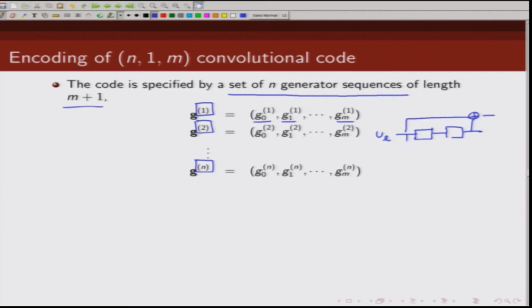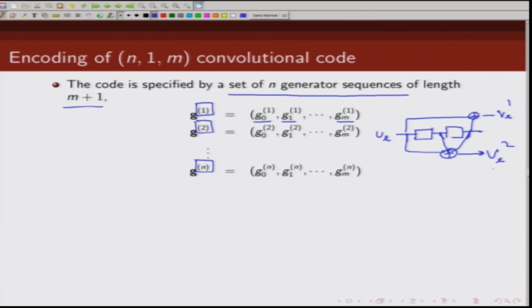Let us say this is my example that I had; this was my v_l1, this was my v_l2. Now, note that these interconnections specify whether a particular bit is participating in the output code sequence or not.